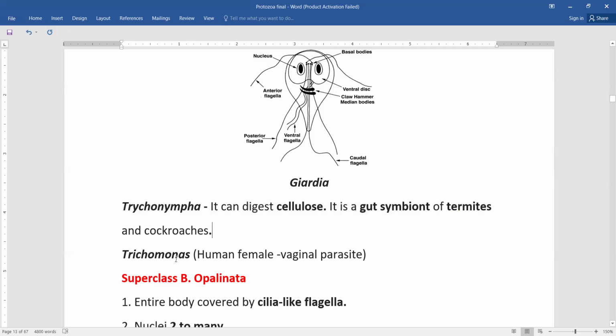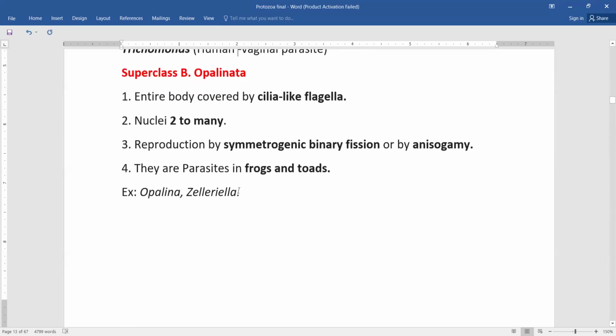Okay, Trichomonas vaginalis is a human vaginal parasite. So these are the zooflagellates. So that is about the Mastigophora superclass, and the second one is superclass Opalinata.